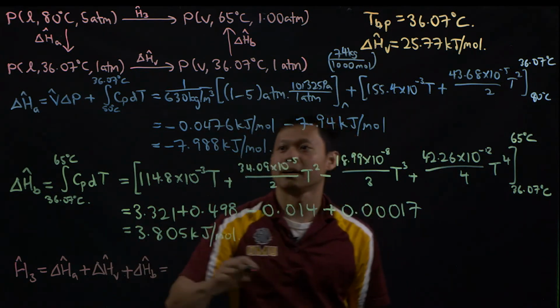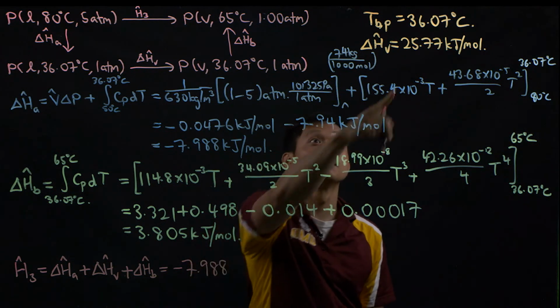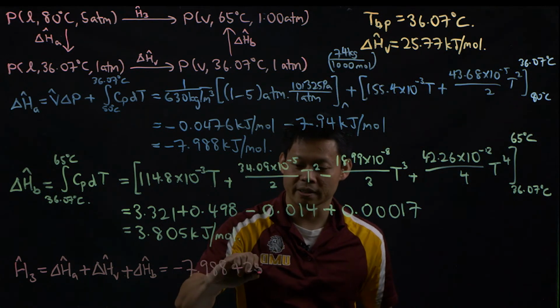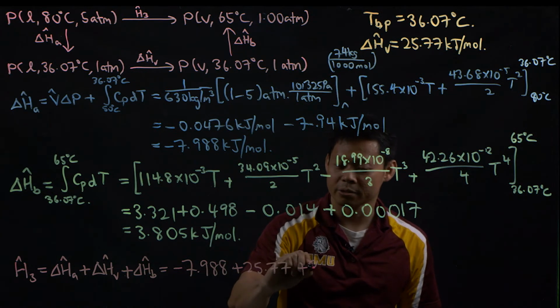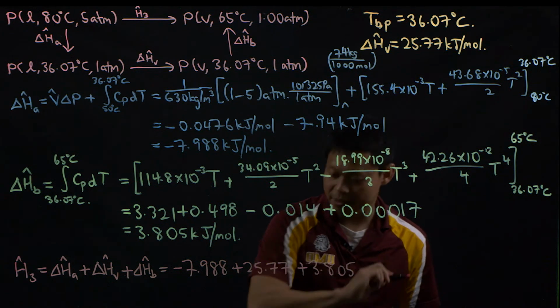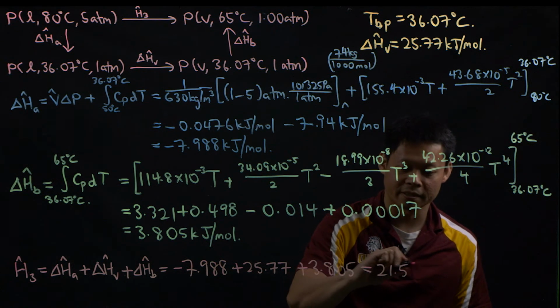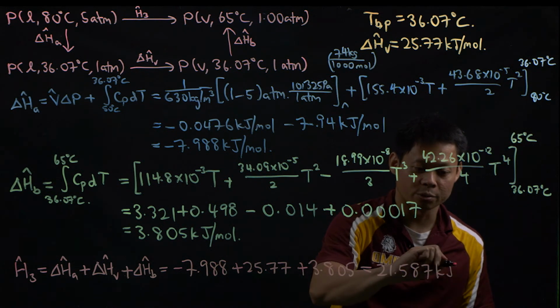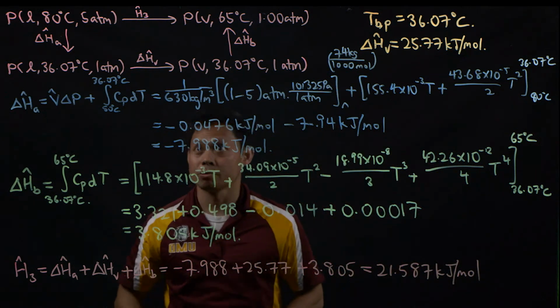So we have minus 7.988 plus 25.77 plus 3.805, and that gives us 21.587 kilojoules per kilomole, and that is our H3.